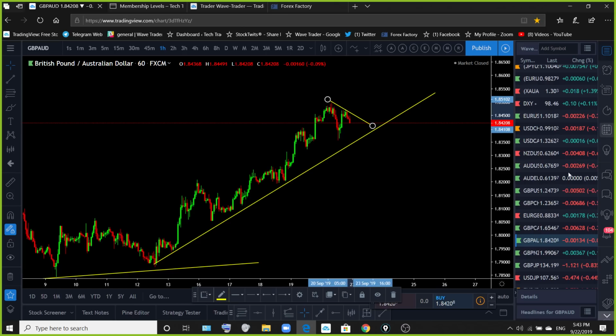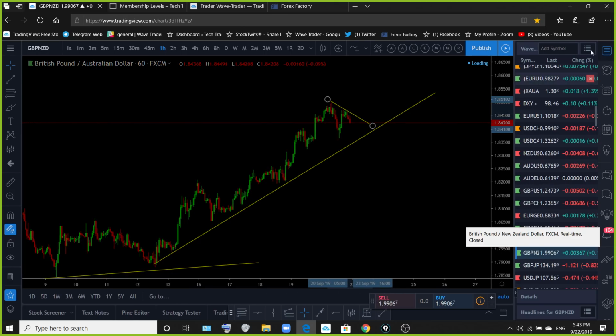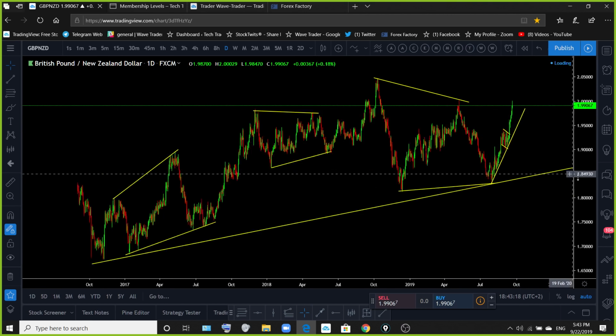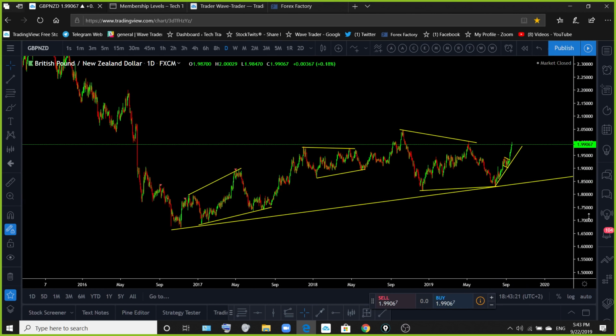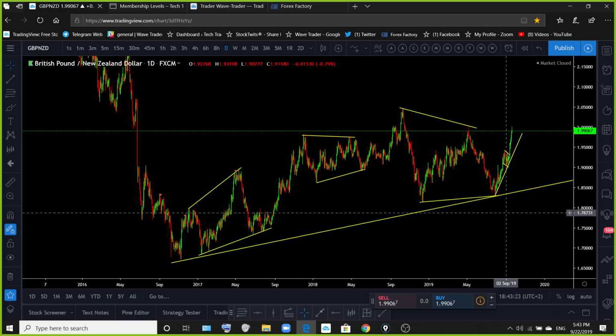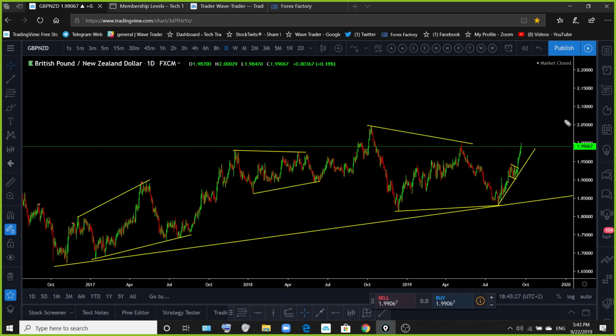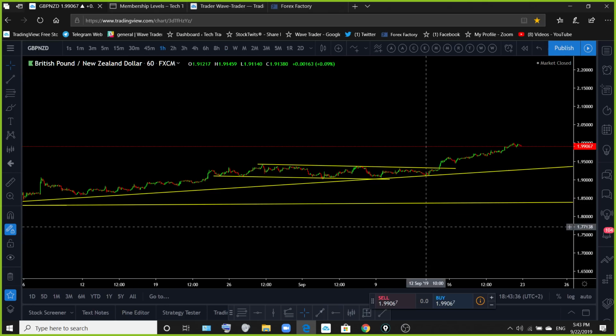All right, so same analysis on the pound New Zealand dollar. Pound New Zealand dollar is to just keep pushing slowly for upside, and once price tests the top, then pound New Zealand dollar reverses from that top. So slowly keep pushing higher, test that top, and from that top, one more drop.